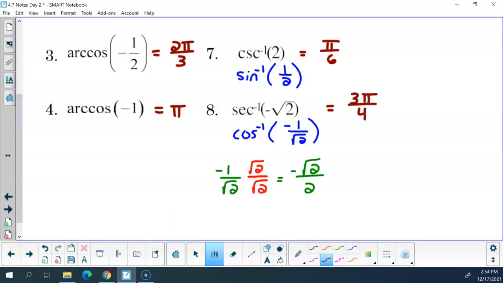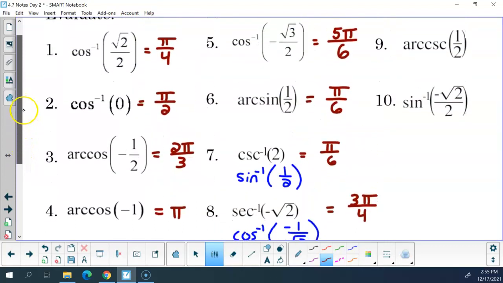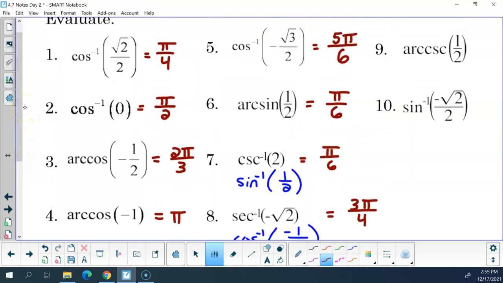Because it's cosine and it's negative, which means it's got to be top half, whereas cosine equal to negative root 2 over 2 happens at 3 pi over 4.